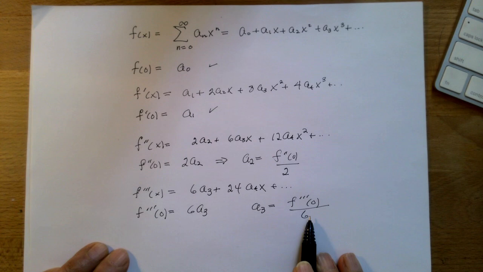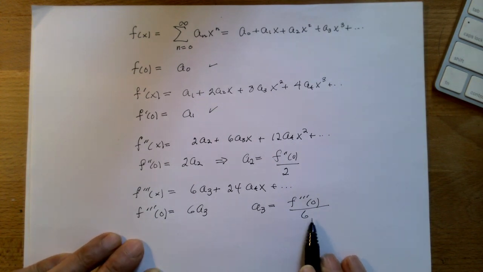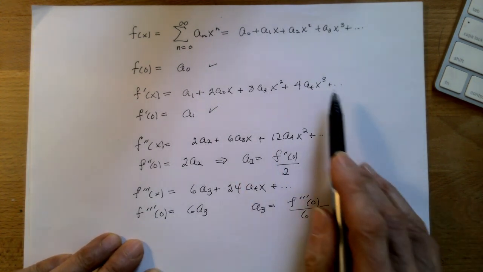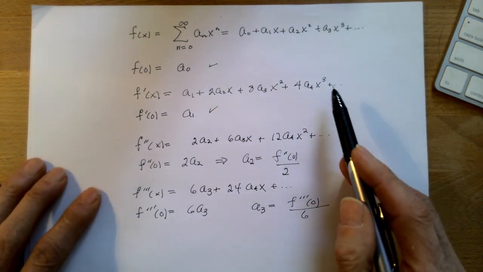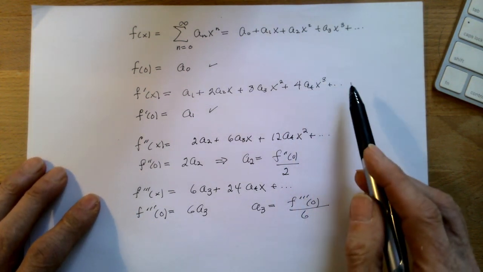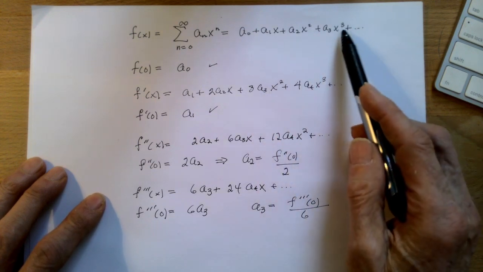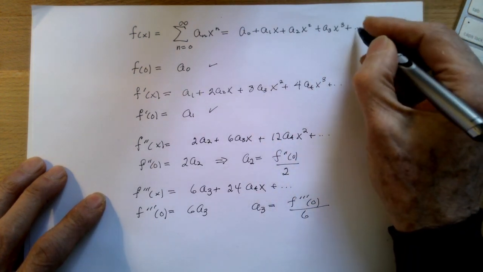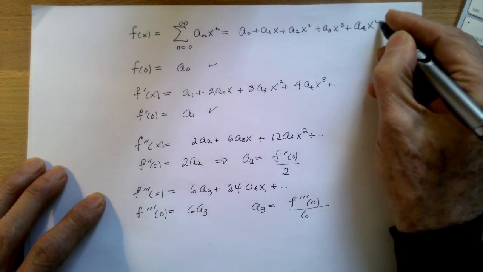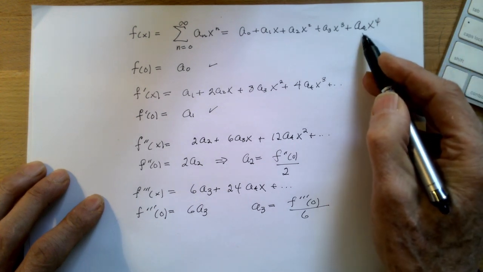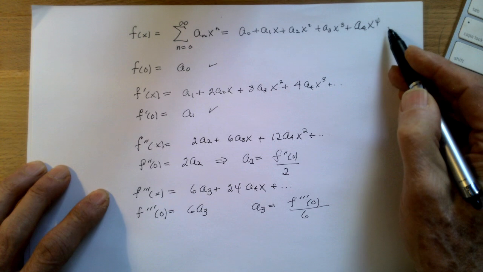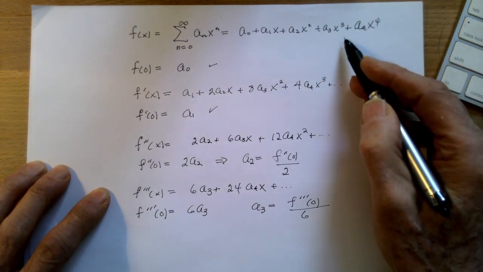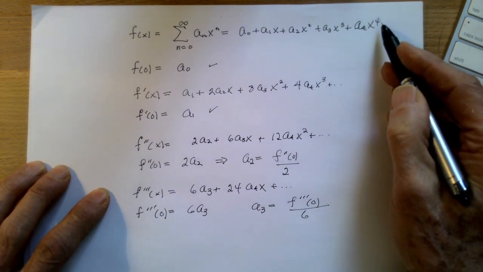Now you notice what's going on with these numbers. The reason these numbers are appearing is that we have to keep taking derivatives of the powers until we get down to 1, basically, or 0. So for example, if we started with x to the 4th, one derivative would be 4x cubed. Two derivatives would be 4 times 3 times x squared. Three derivatives would be 4 times 3 times 2 times x to the first.